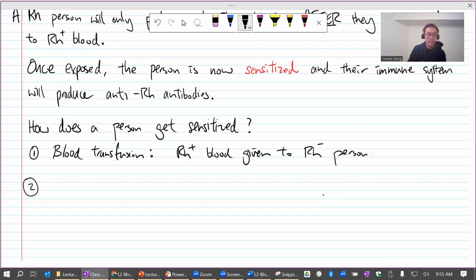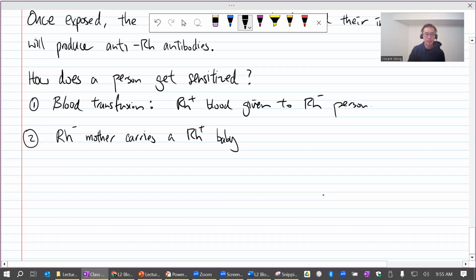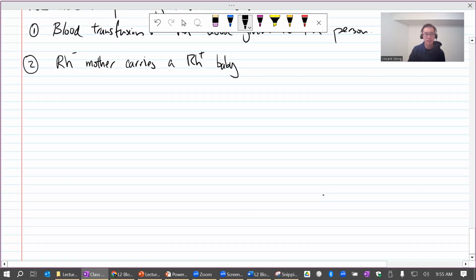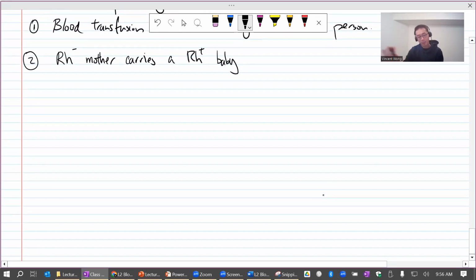The second way is if an RH negative mother carries an RH positive baby. And then I'm gonna draw some pictures to explain this to you. It's a big picture, so maybe start a new page.